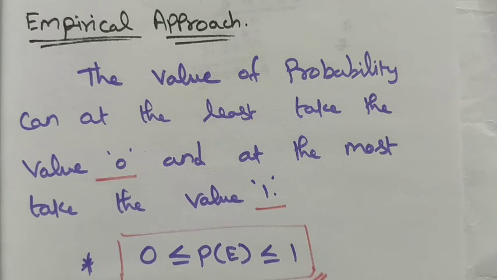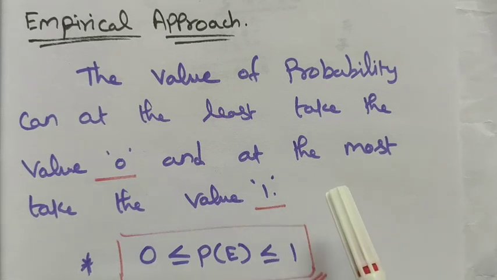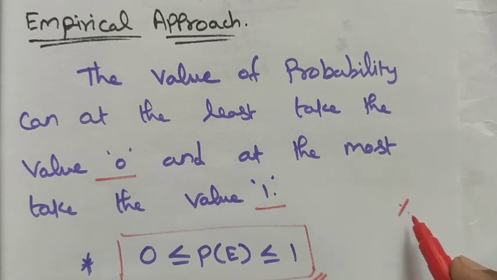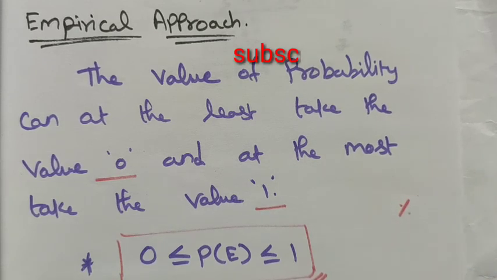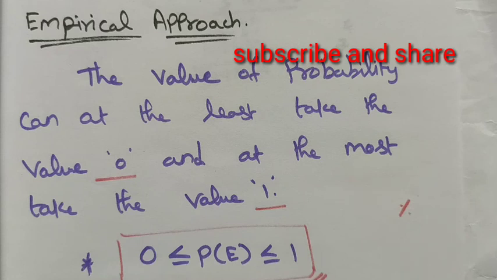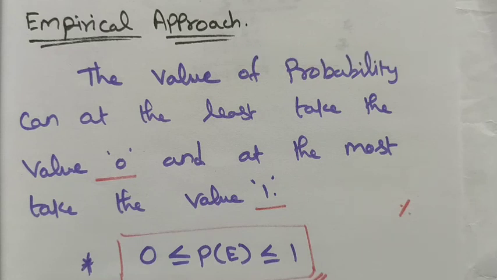In other words, we can say if an experiment is repeated an extremely large number of times and a particular outcome occurs a certain percentage of the time, then that percentage is very close to the probability of the outcome.